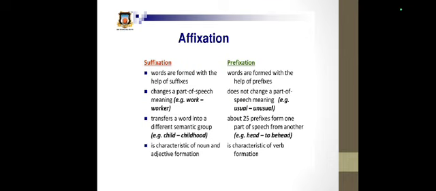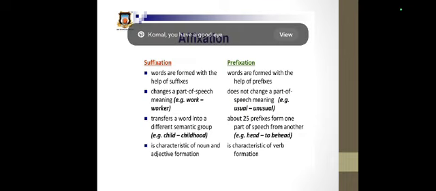So it does not change the part of speech meaning. The third difference of suffixation is that it transfers a word into a different semantic group. For example, suppose I say child, if we add hood to the child, then the word is childhood.